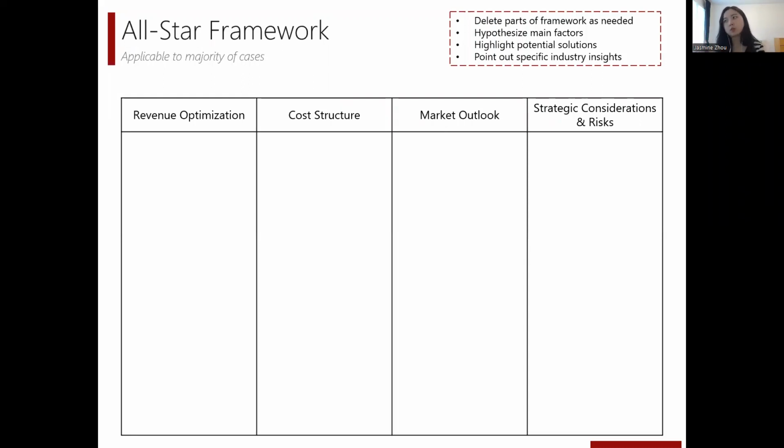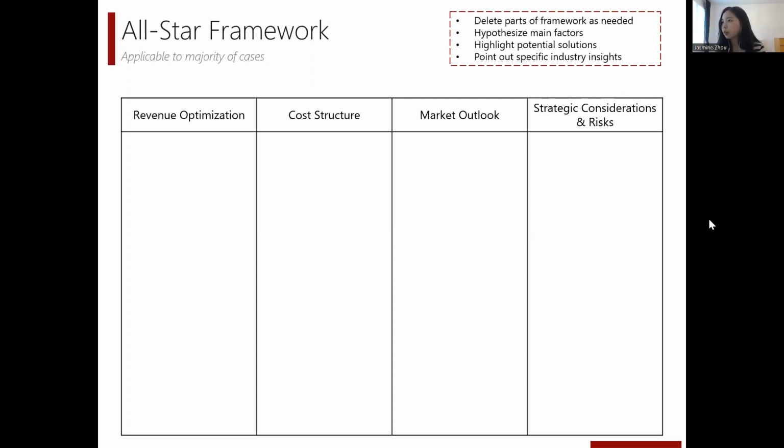So I'll go into what that all means a bit later, but first to start off with the 4 buckets that I like to use for my all-star framework. It's revenue optimization, the cost structure, market outlook, and then strategic considerations and risks.